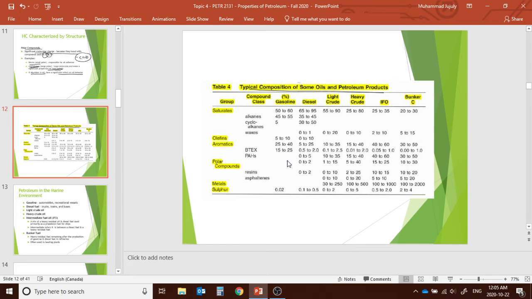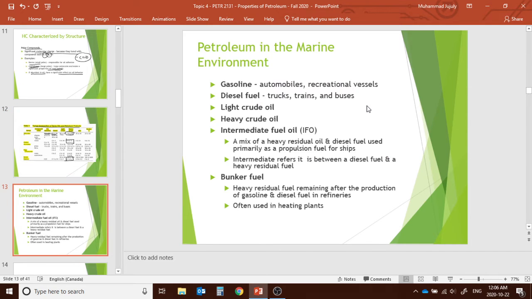For instance, saturates in gasoline, diesel, heavy crude oil, we get 20 to 80, whereas the olefins in heavy crude oil would be 0 to 10, or sulfur could be 0 to 5. So it's a typical composition like this.